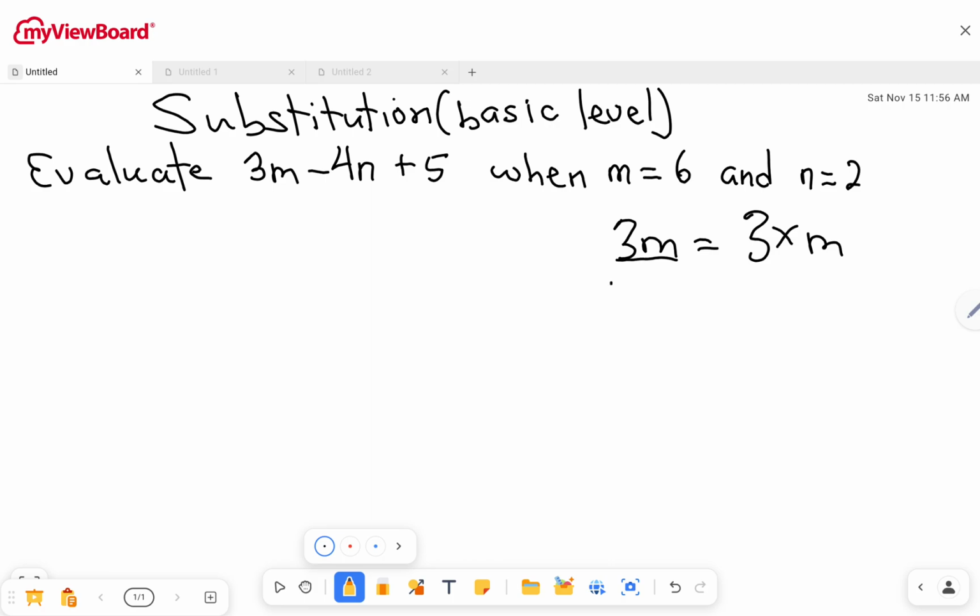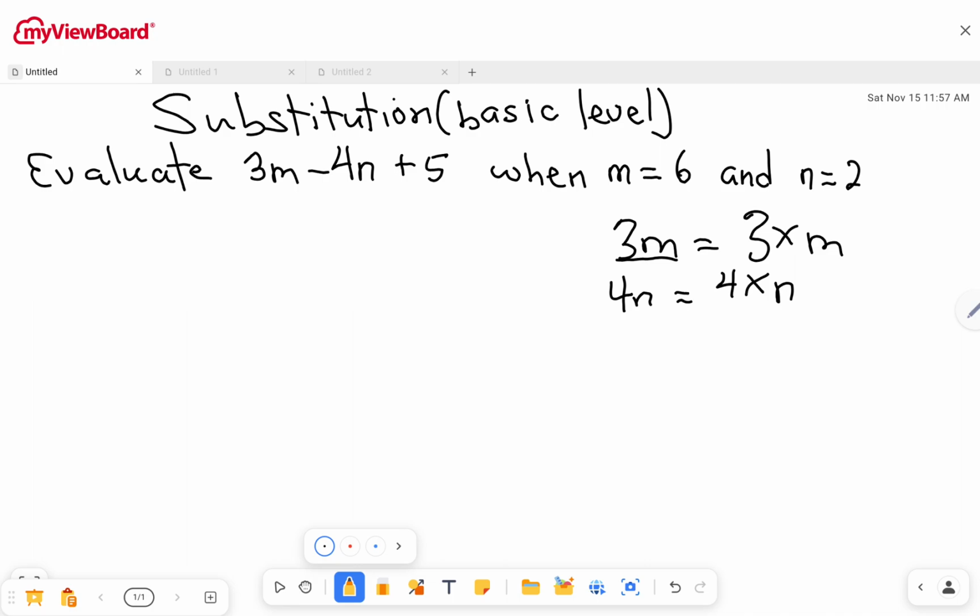So 4n will also mean 4 times n. So with this understanding, we are going to replace the m and then the n in the expression with 6 and 2 respectively.